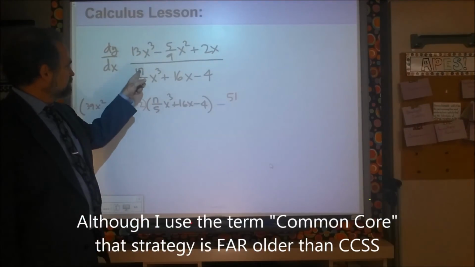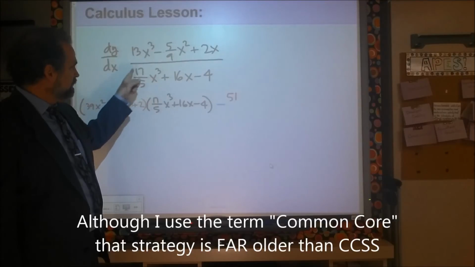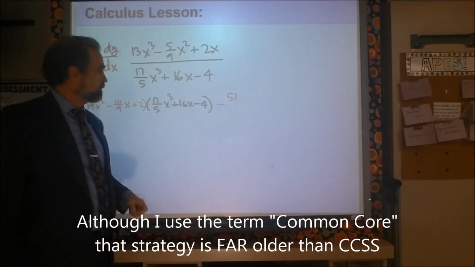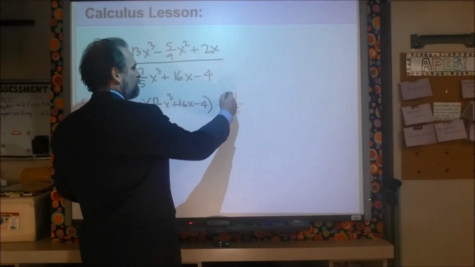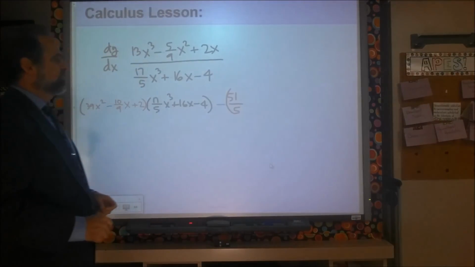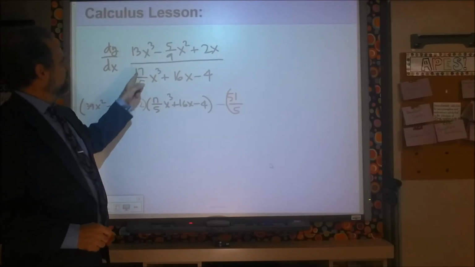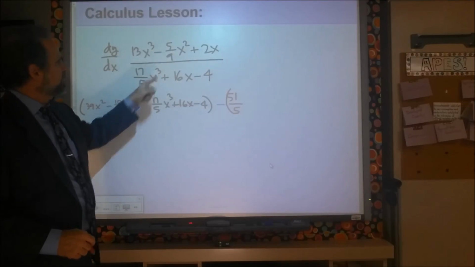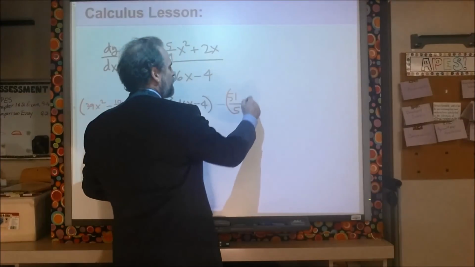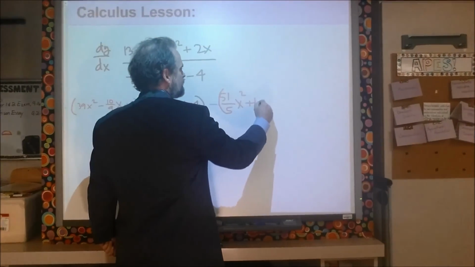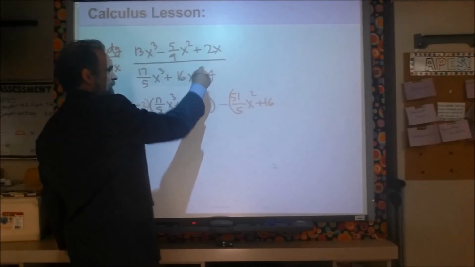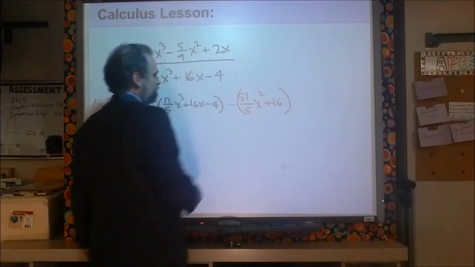But I can say 3 times 7 is 21, carry the 2. 3 times 1 plus 2 is 5, and it's still 51/5, right? 51, oh, what did I forget? When I put that minus, I got to put a parenthesis. Let's never forget that. So that's 51/5 of x to the 3 minus 1 is 2, so x squared, right? 1 times 16, that's 16x to the 0, and that becomes 0, right?